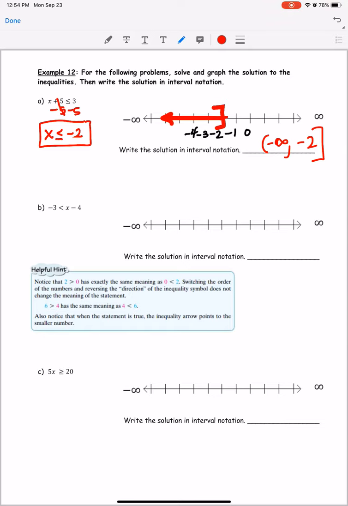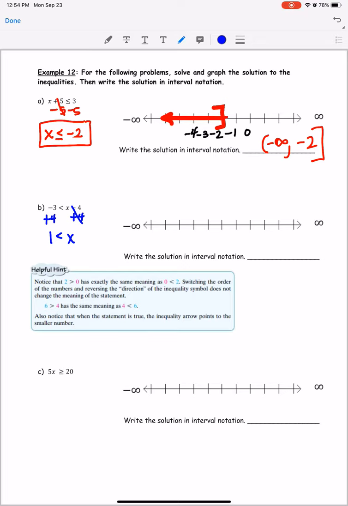This one on B looks simple, but be careful. To get x by itself, the opposite of subtracting 4 is to add 4. Those cancel out. I get 1 is less than x. Now, when you have an equation, this is perfect.